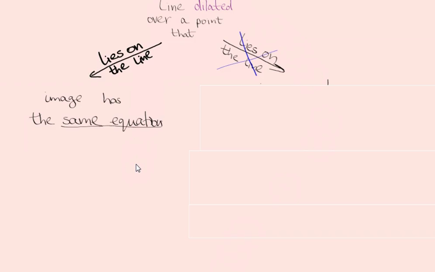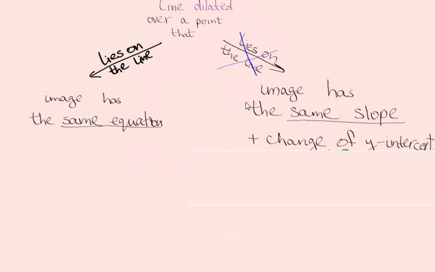It's much more interesting to see what will happen if the center of dilation does not lie on your original line. In that case, the image will have the same slope, but its y-intercept will change, and it will change depending on who your point is.